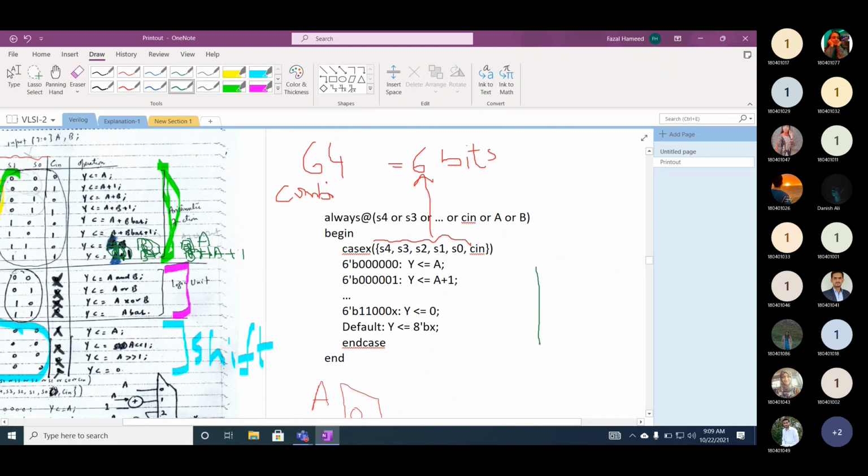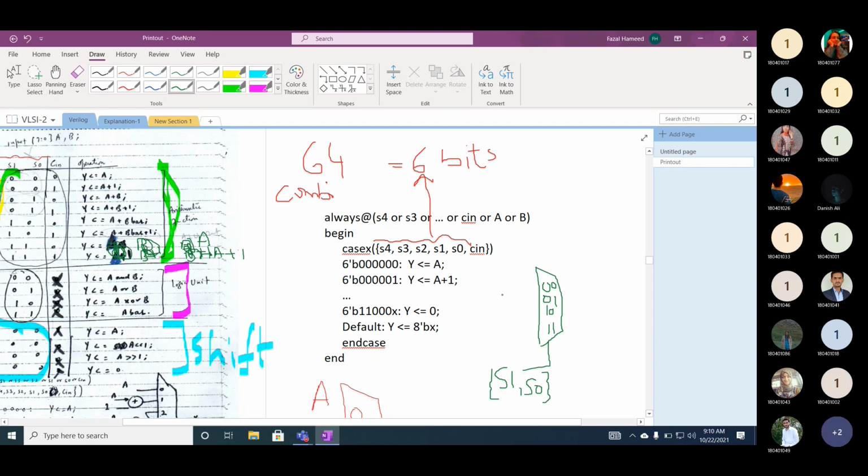I can draw a multiplexer here. It will depend on the signals S1, S0. Now there are 4 combinations: 0 0, 0 1, 1 0, and 1 1.